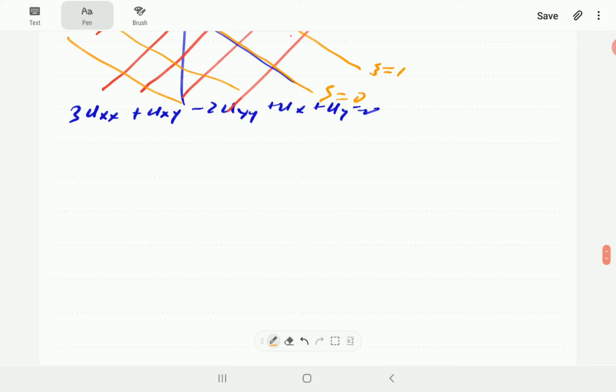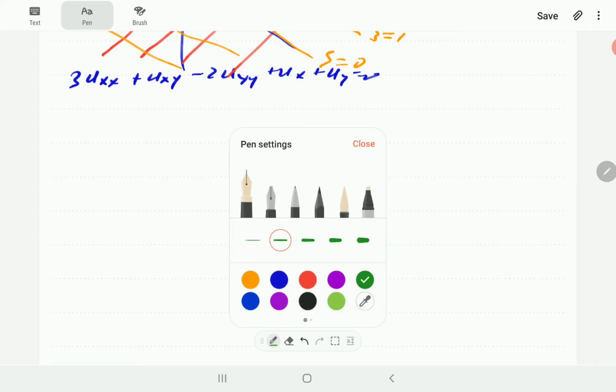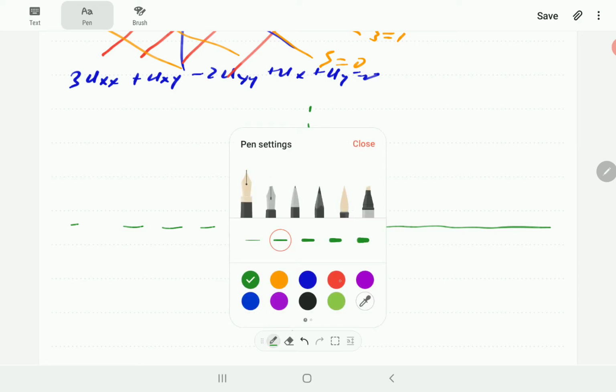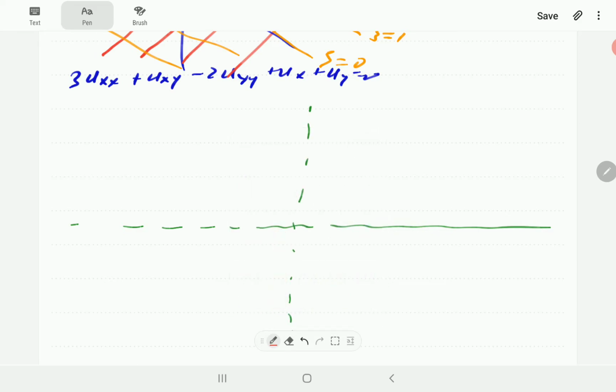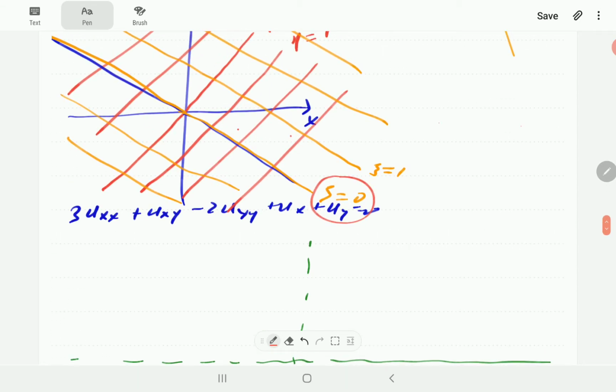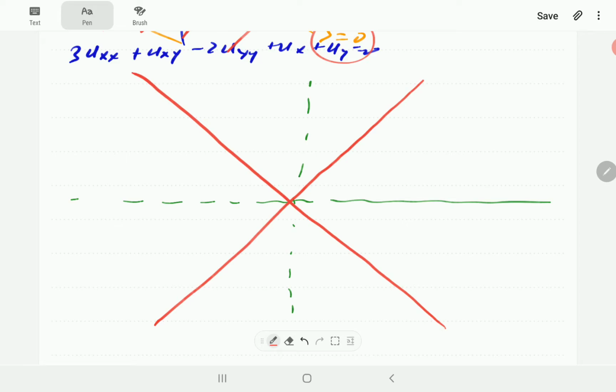Now let me just make another sketch here. So this is our original xy, then the new coordinate system, if we take eta equals 0 and xi equals 0 to be our new coordinate axes, then they are going to look something like this.